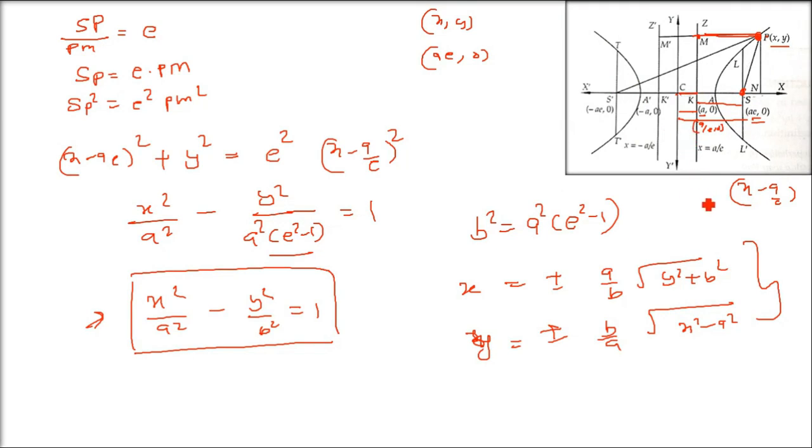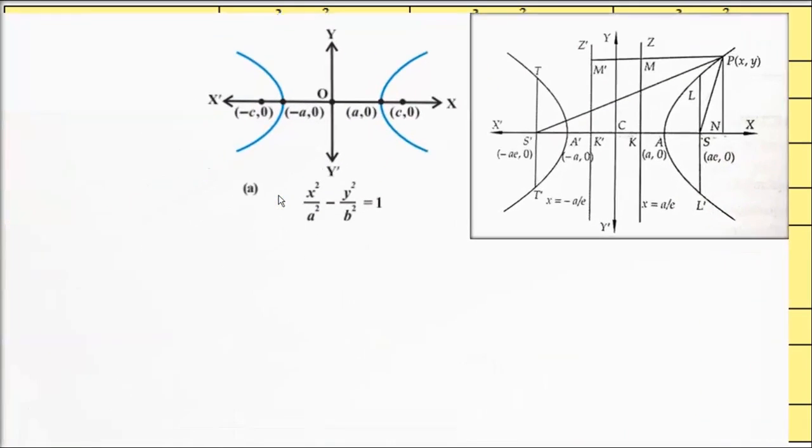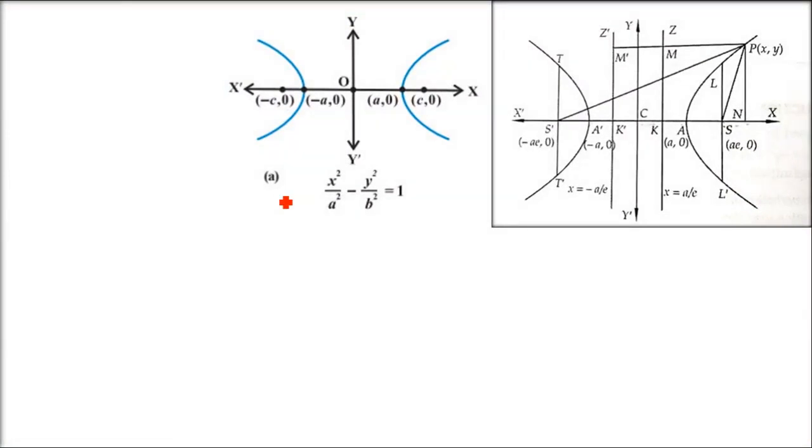In the next discussion, I'm going to tell you what the vertex, the foci, and the latus rectum are. Everything we are going to discuss in the next discussion. This discussion was only about finding the equation, because by deriving this equation, we got to know all the elements. We are going to see them in detail now.